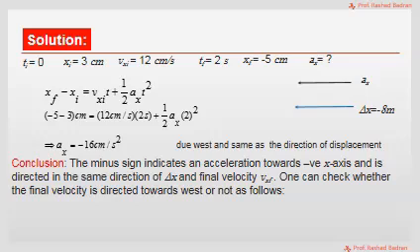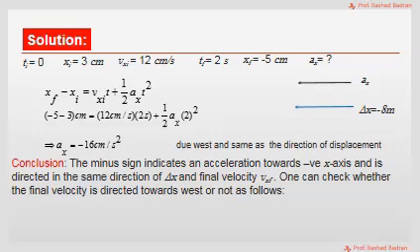So the minus sign here indicates an acceleration towards the west, and in this case it is not deceleration, as long as the acceleration and the displacement are in the same direction.